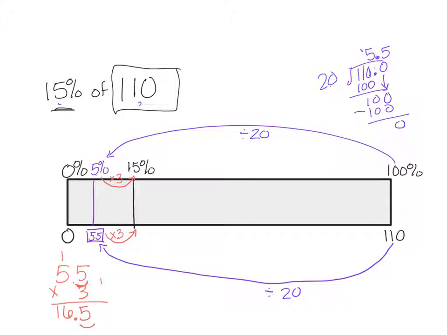So that would mean that 15% of 110, so here's my 15%, is 16.5. And that's how you do 15% of 110 using a tape diagram.